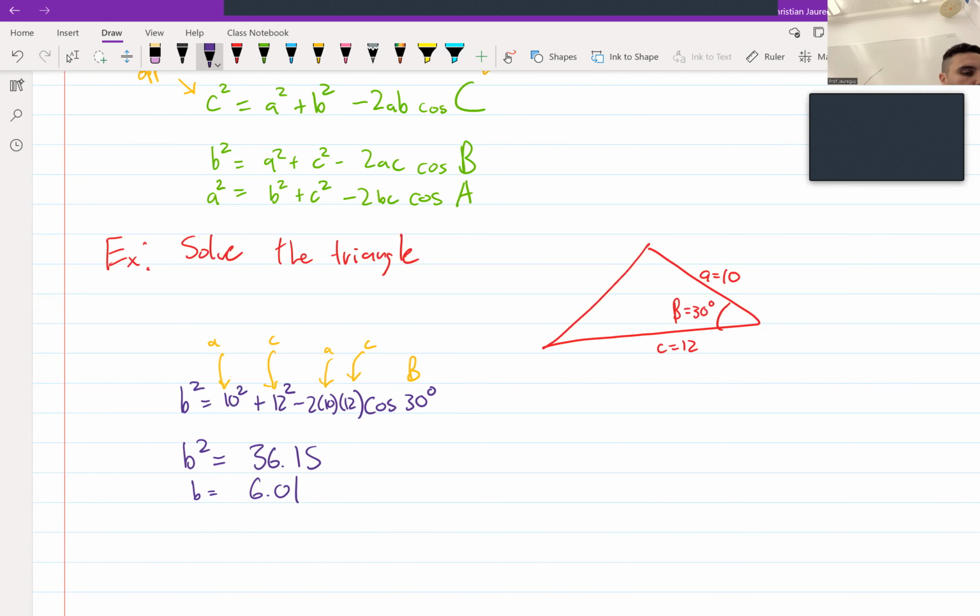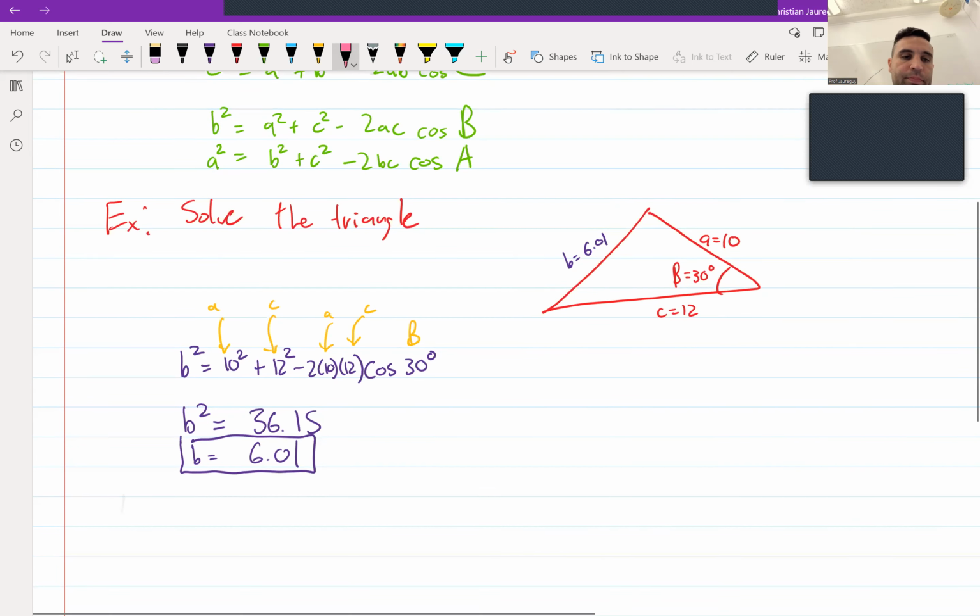Yeah, 6.01. And I know you're supposed to have a plus or minus there, but we're talking sides, so that is little b. But of course, we're not actually done, right, because I still need big C and big A.